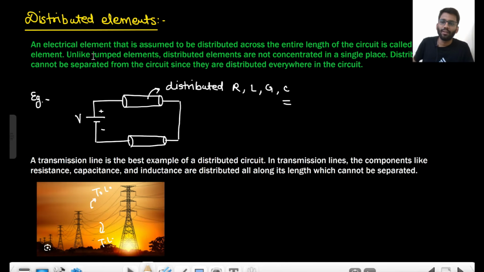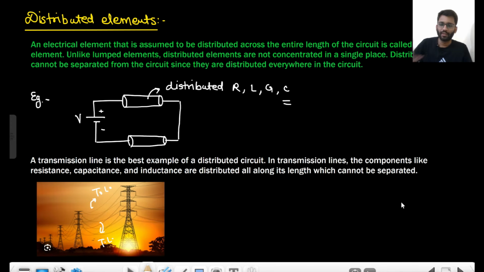A circuit element that is assumed to be distributed across the entire length of the circuit is called a distributed element. Unlike lumped elements, distributed elements are not concentrated at a single point and cannot be separated from the circuit, since they are distributed everywhere. In the complete circuit there are R, L, G and C at different points, so you can't separate them out.